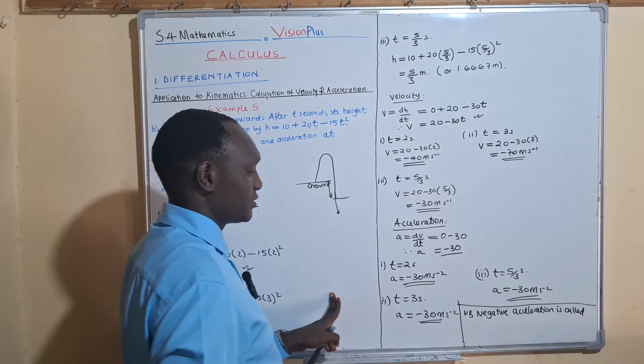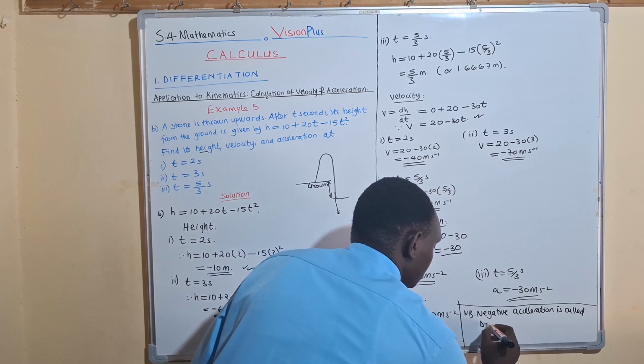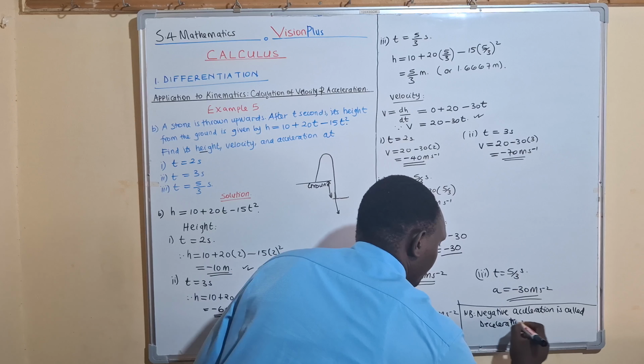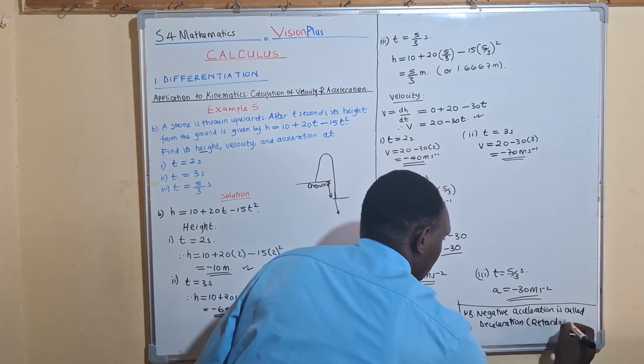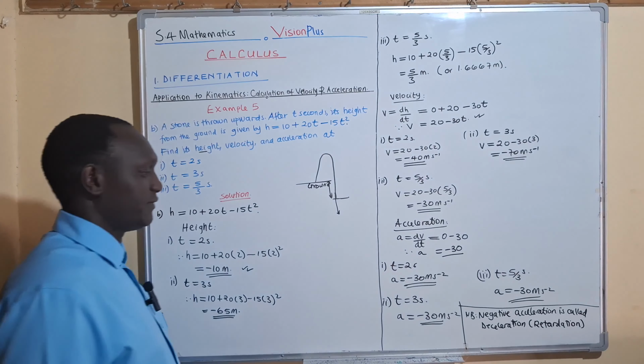Negative acceleration is called deceleration or retardation, and we'll learn more about that when we are looking at linear motion in physics.